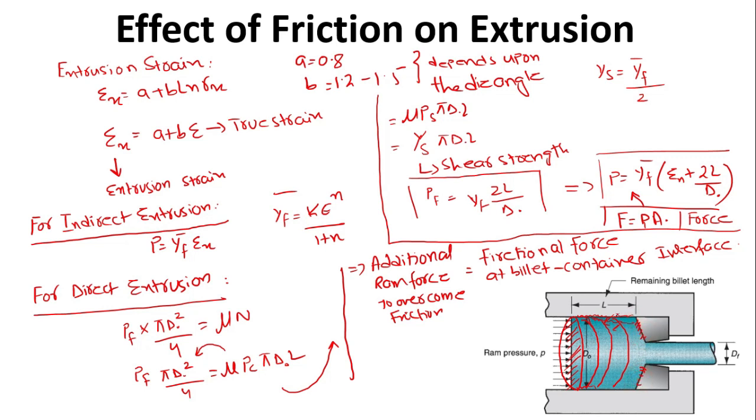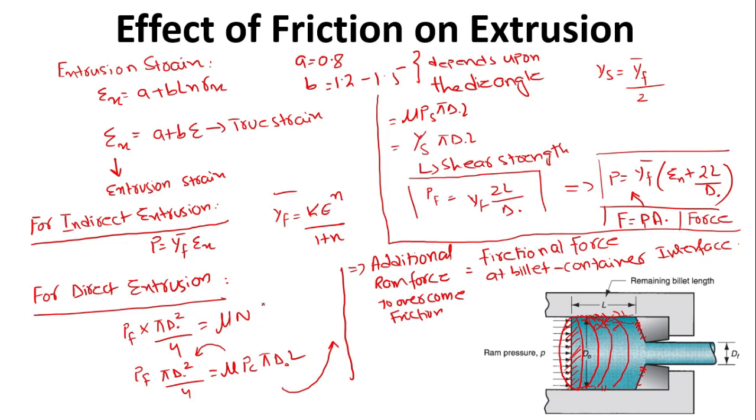It is not taking into account the friction between the work material and the container surface. Only the friction between the work material and the die surface is taken into account. That's why we are using the extrusion strain, because when we use extrusion strain, it means we are assuming there's a friction between the work material and the die surface.